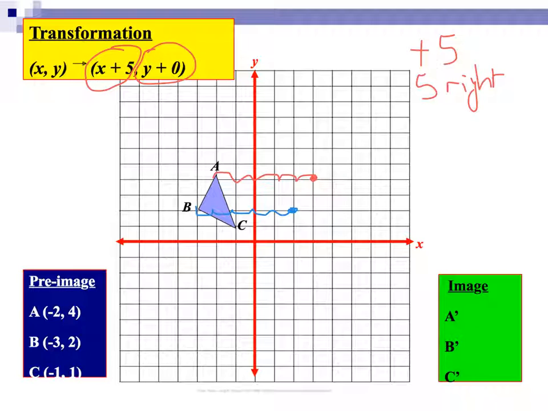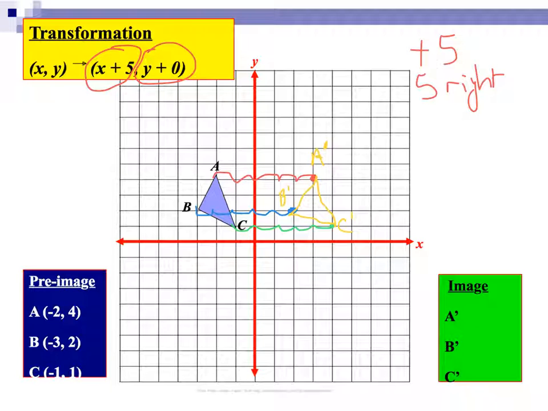Then for C, same thing. 1, 2, 3, 4, 5, and you put a point. So then you're going to connect your points. So when it's labeling, since we already have A, this would be A prime. This would be B prime. And this would be C prime.